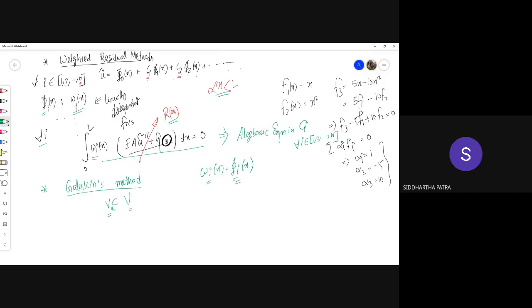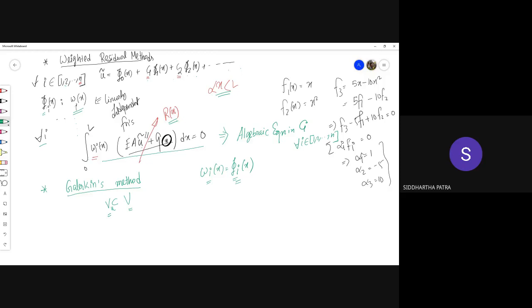So obviously, that means we would be getting an exact solution if the set of functions in Galerkin's method were the global set of functions. But if I'm working with a subset of functions, with a limited number of C1, C2, C3, etc., then obviously I'll be getting an approximate solution.